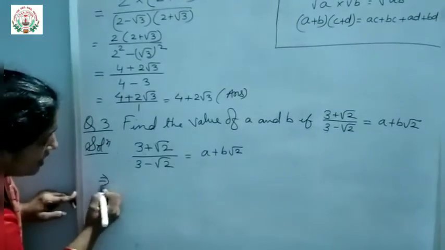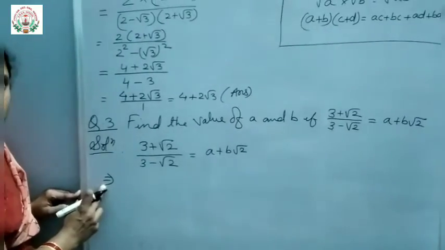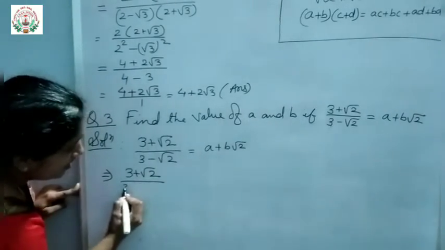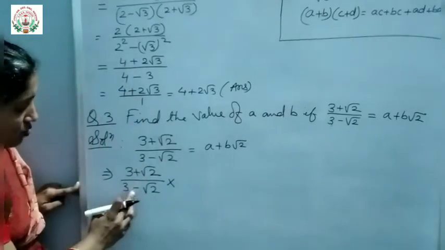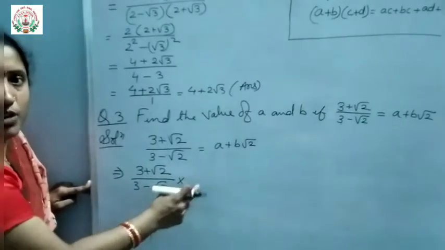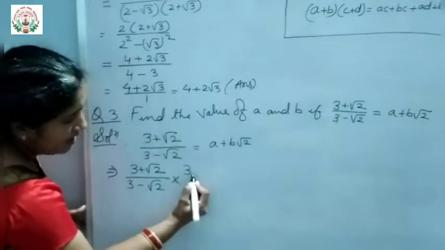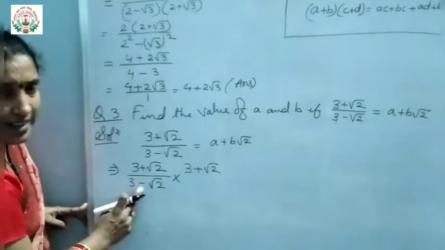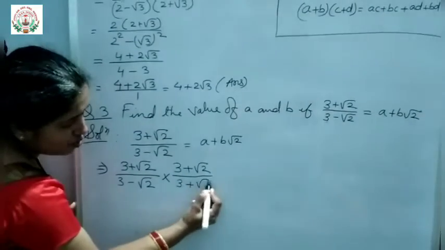So the solution will be what? Because here an equals sign is there, so in the beginning you will write the implies sign, not the equals sign. Okay, so 3 plus root 2 upon 3 minus root 2 into, because I told you in the earlier question also, if the denominator has a minus sign, then a plus sign of the same values will multiply into the numerator and the denominator. Okay, so it will be 3 plus root 2. Denominator is minus, so we will multiply here plus upon 3 plus root 2.